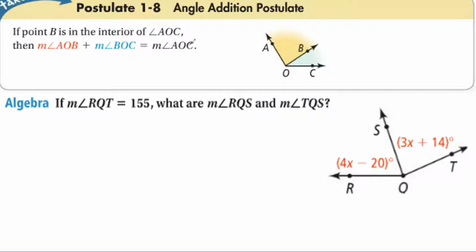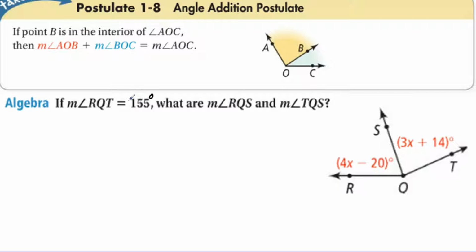So what it says here is they're giving me expressions that represent RQS and SQT, these 2 little spaces here. And then over here, they're telling me that RQT, the big angle that goes from RQ to QT, is 155 degrees.